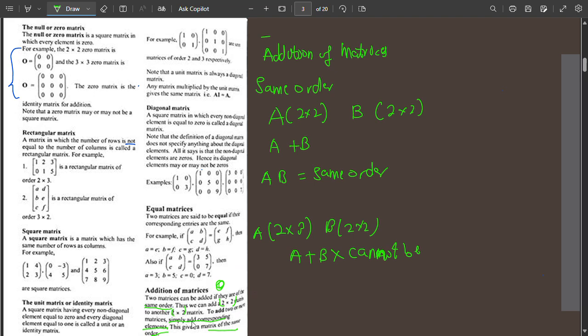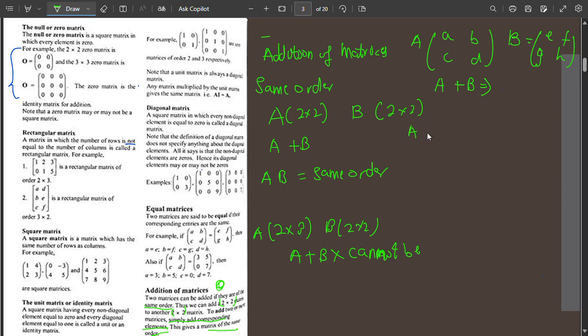To add two matrices, simply add the corresponding elements. So if A has elements a, b, c, d, and B has elements e, f, g, h, then A plus B will be gotten by adding the corresponding elements.